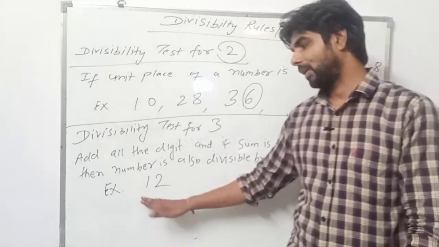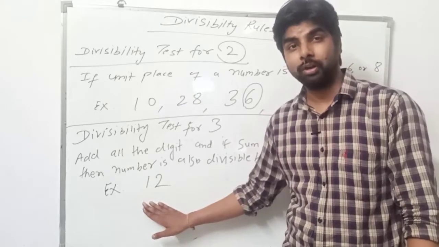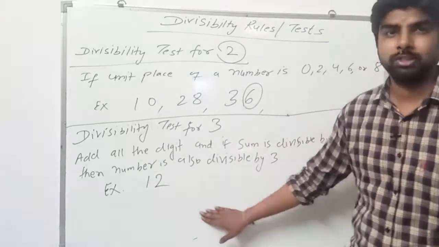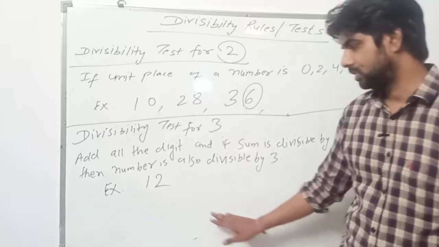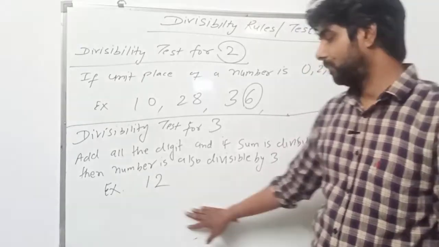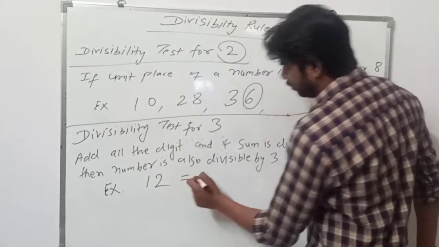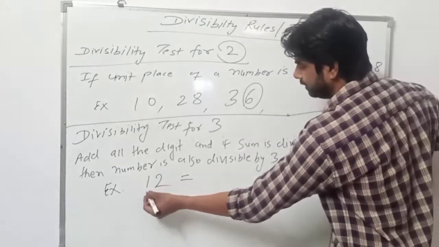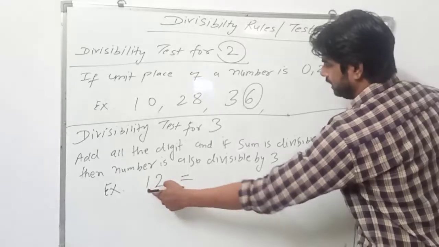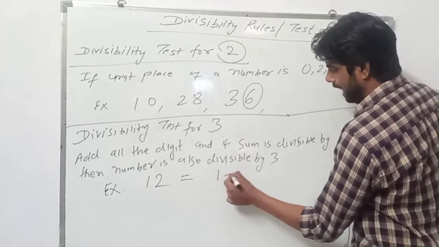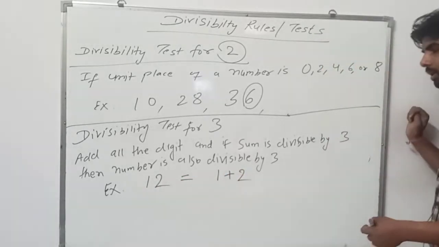We know 3 4s are 12 and we will get remainder 0. But how can we find out without doing any calculation? First we have to add the digits, that is 1 and 2.